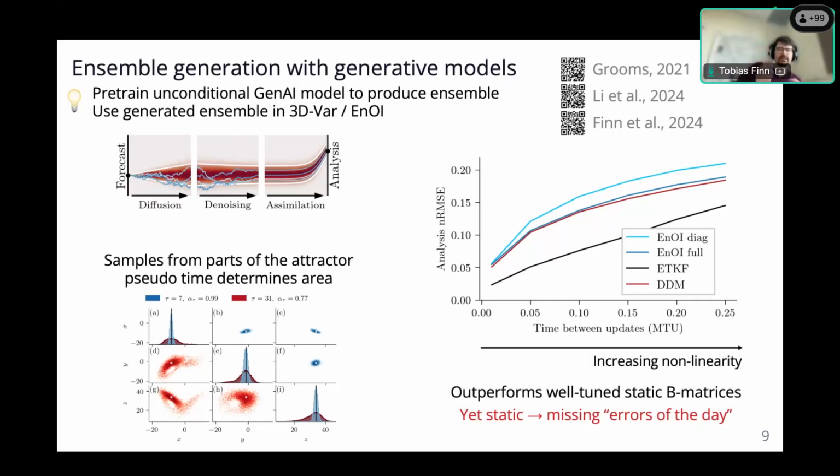We just generate the ensemble for the current deterministic forecast. So meaning the ensemble itself is state dependent. So it depends on where the deterministic forecast is on the attractor, but it does not depend on the history. So there's no flow dependency.